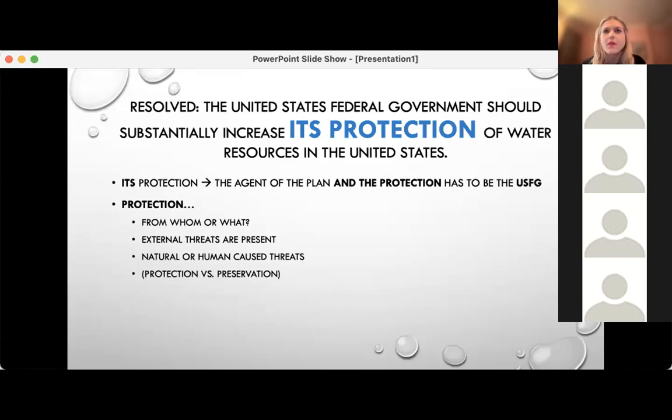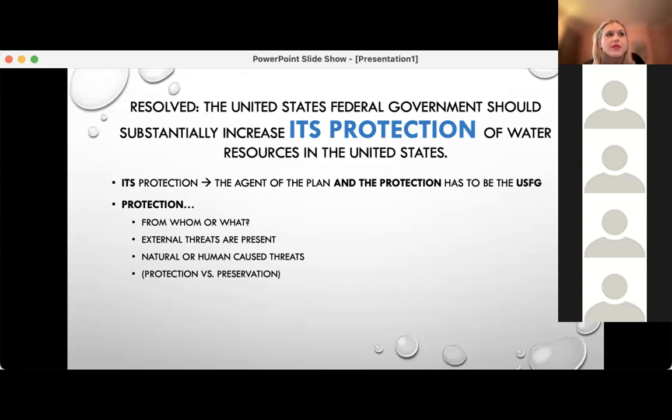And then even thinking about the word protection, it ties back to this idea of resources. In order to protect something, there's a presumed question of protect from whom or protect from what. There are external threats present, and those threats might be natural, things that would exist even if humans never existed, or they could be human caused or human accelerated threats like global warming.